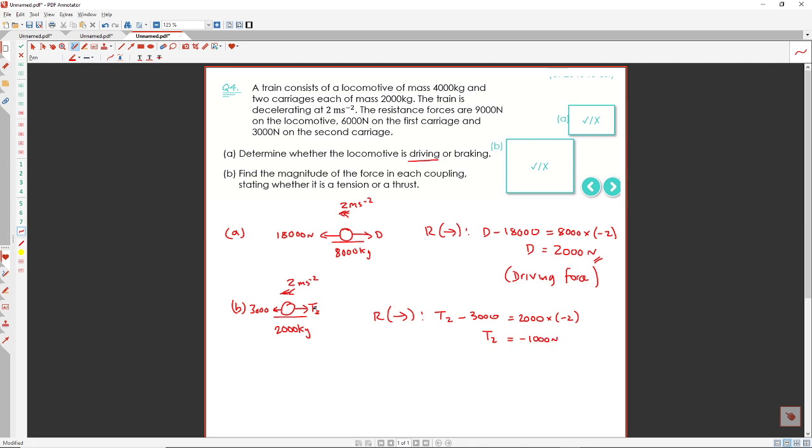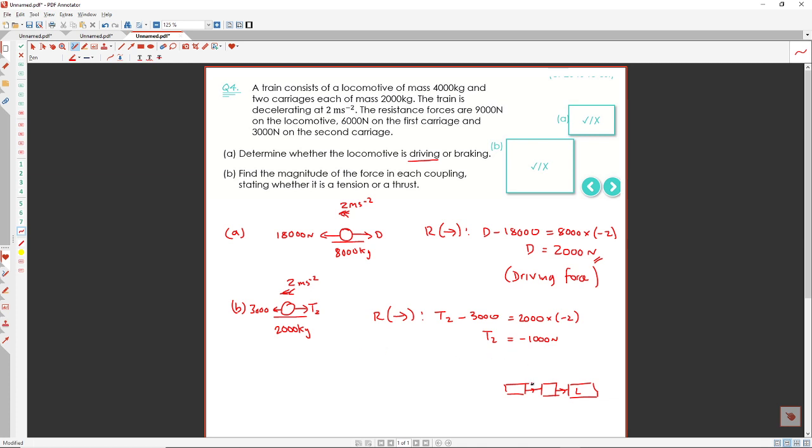If I just draw all three carriages somewhere, maybe over here. What you normally have when a train is going forwards is the locomotive will pull the middle carriage, which will then pull the end carriage. But we've got a different situation here where it's decelerating, and because this T2 force is negative, it's actually not in this direction, it's pushing back in the other direction.